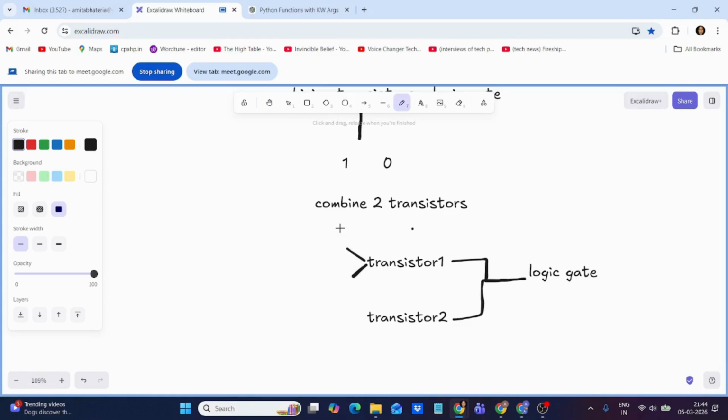Also we know that one transistor can have two values, either 1 or 0, and the same for transistor 2. So from different combinations of these numbers 1 and 0 from two transistors, we can decide what the output will be.